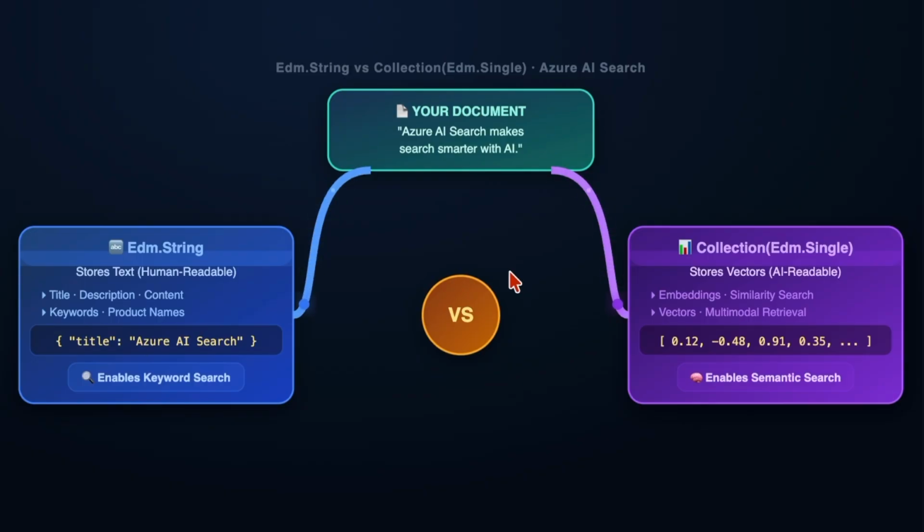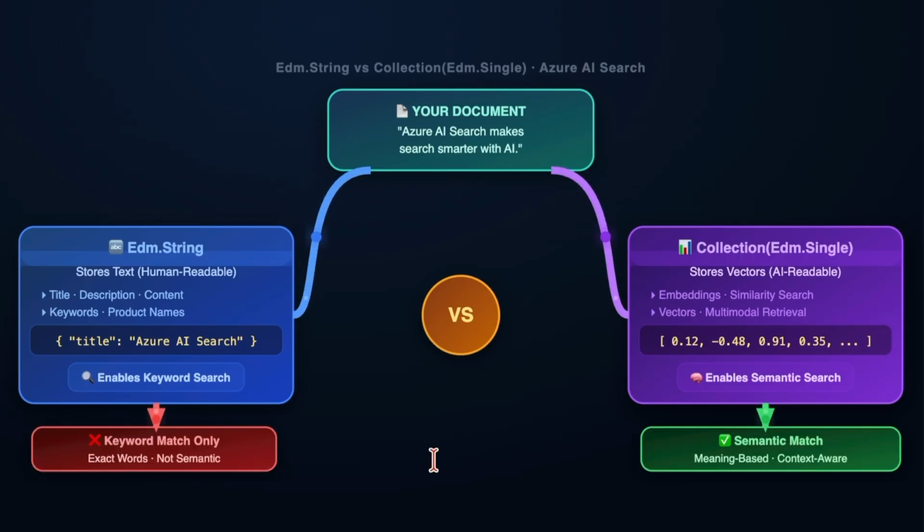The question people always ask is, why do I need both? Great question. And the answer is, they serve completely different types of users. Edm.String is for when someone types an exact phrase. Collection(Edm.Single) is for when someone searches by idea, not exact words.